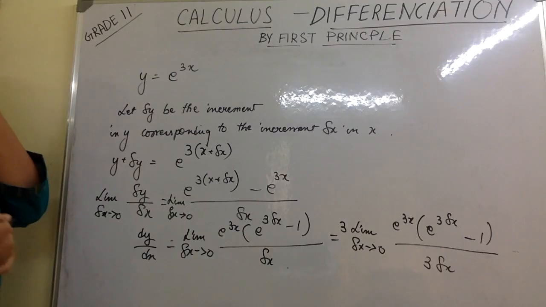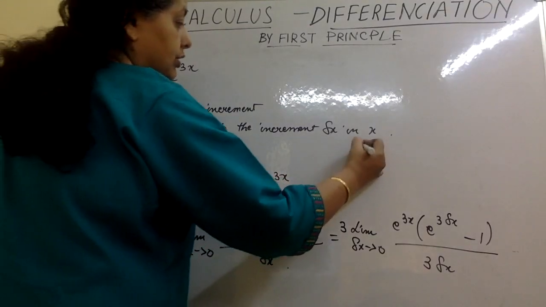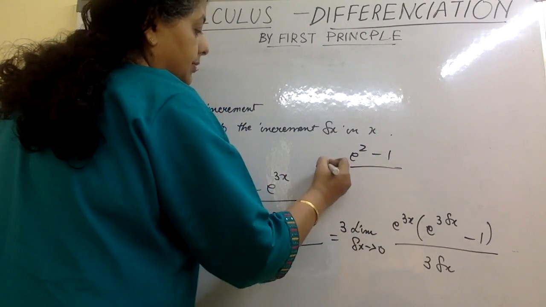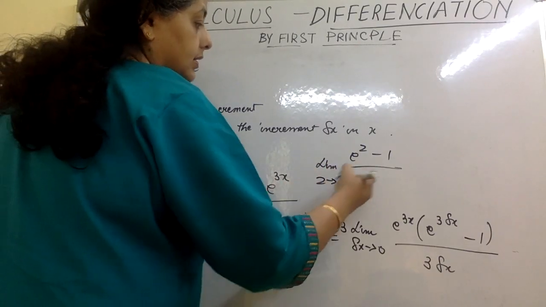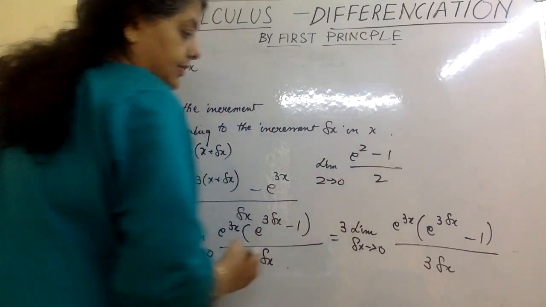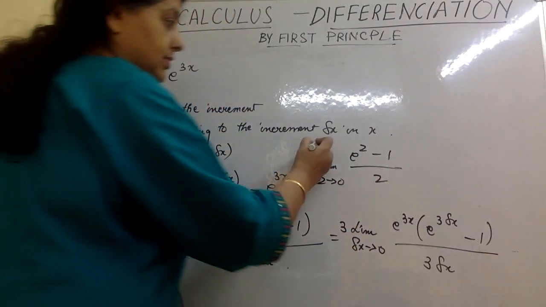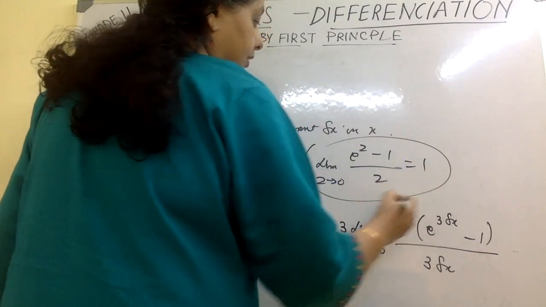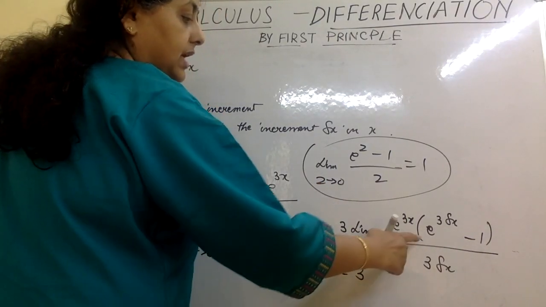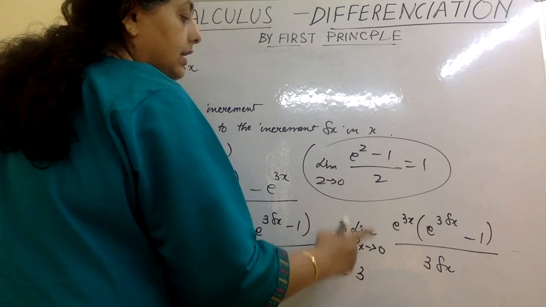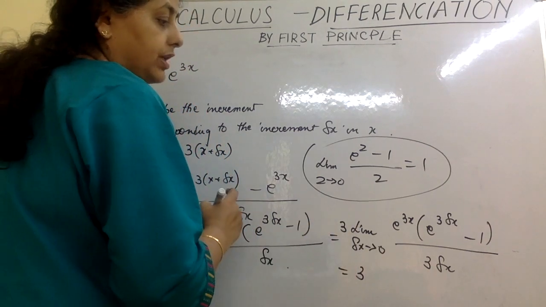Okay. So we have the formula limit z tends to 0, (e to the power z minus 1) by z, and this becomes equal to 1. This is the formula we are applying here. 3, and once we apply limit to this, then how much do we get?